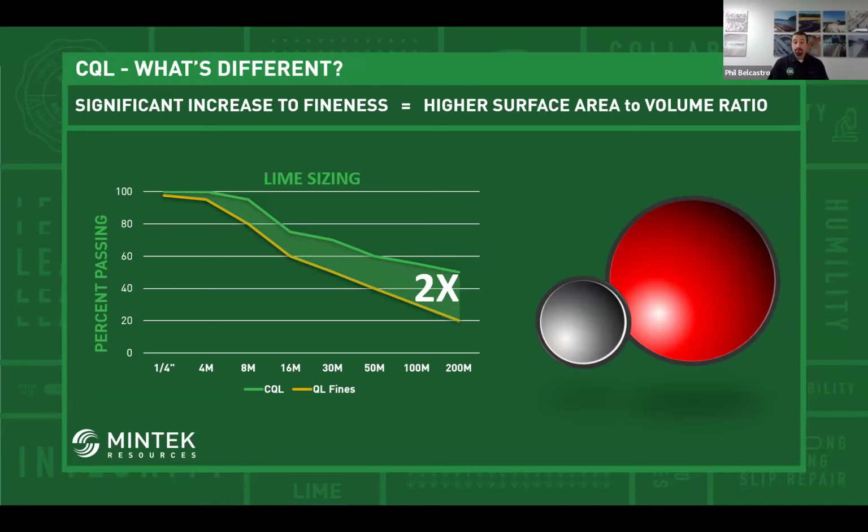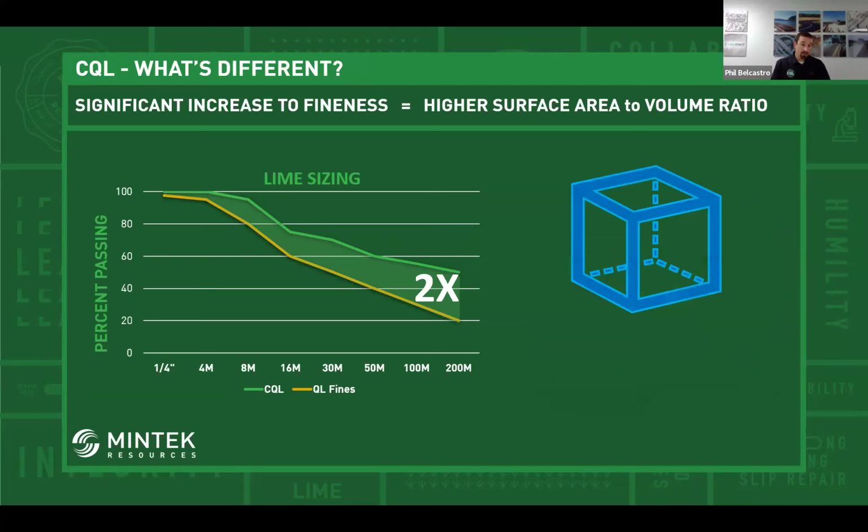So it's not necessarily the surface area, but now that we've decreased the size of those particles, that overall surface area to volume ratio is going to be more beneficial for us. When those particles are broken down into smaller pieces, their overall surface area for that volume increases. And the surface area is a measure of how much exposed area the solid object has. So if we look here at the chart, as we approach the 50, 100, 200 mesh, we're about 2 times as fine.